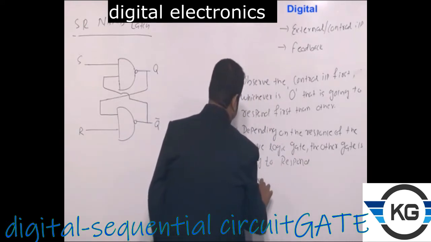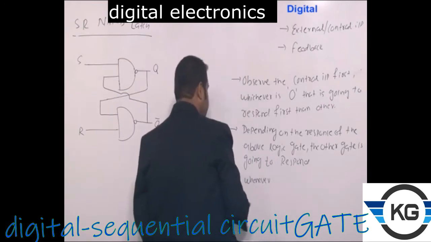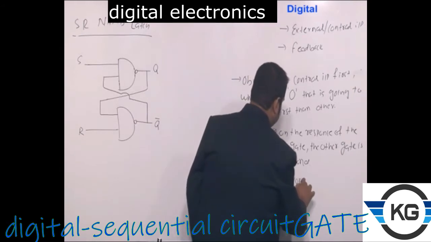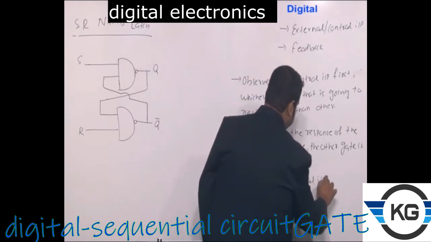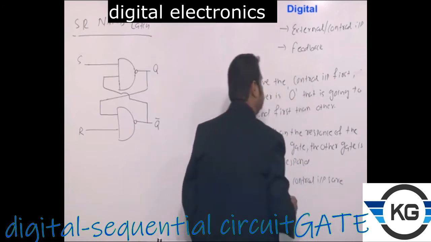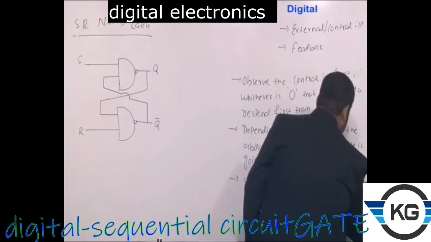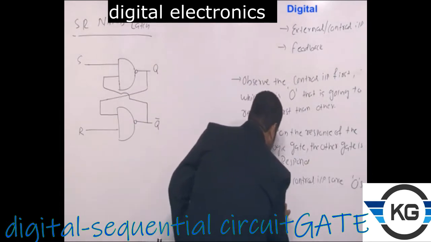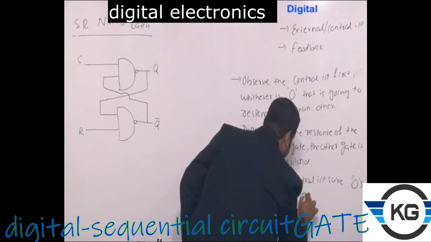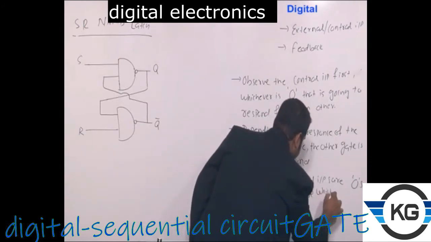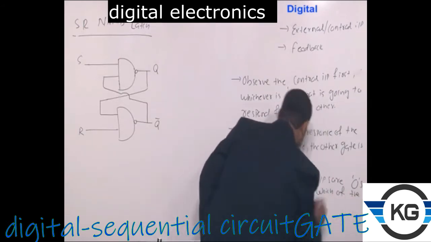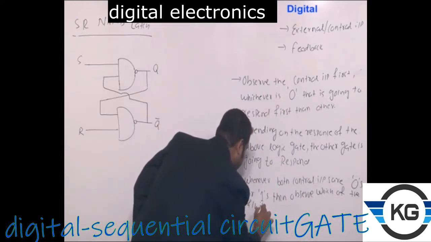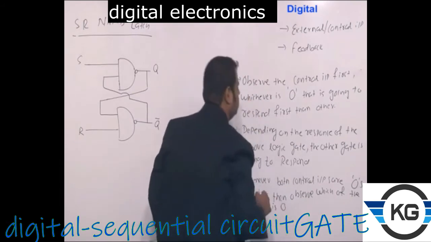Whenever both control inputs are zeros or ones, then observe which of the feedback inputs is 0.